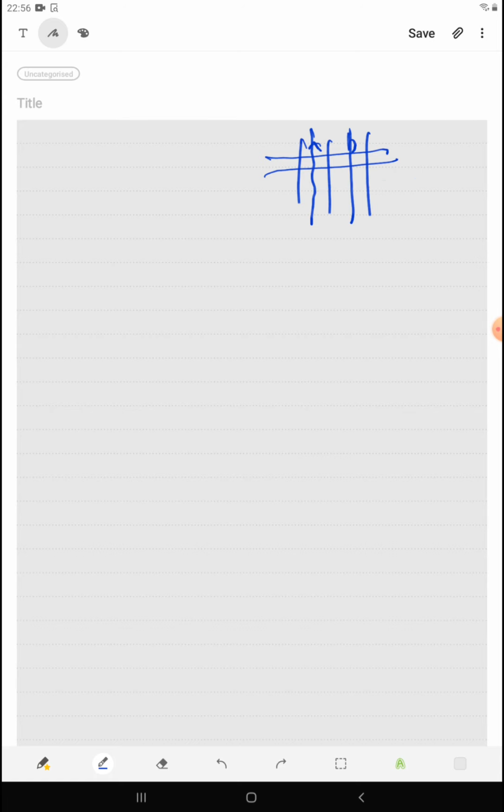Now what he is telling is he wants the same number of columns for 616 members and 32 members.